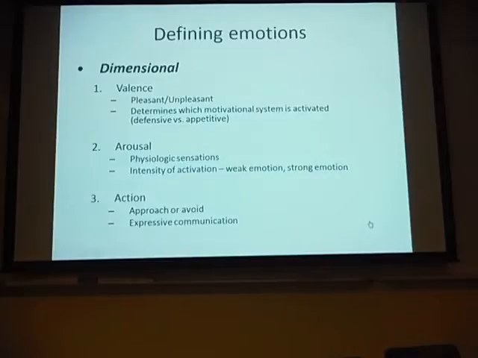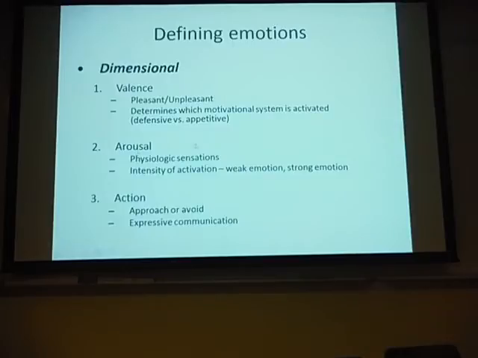And this, again, was in your readings, but examples of the dimensions of emotion include things like valence, how pleasant or unpleasant we think something is, and this leads into our motivation of do we want to go after this thing, do we not want to go after this thing, how is this going to make me feel?